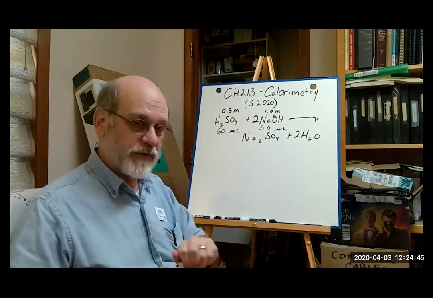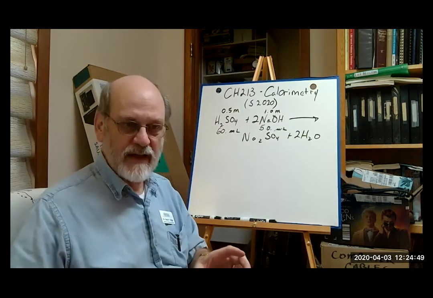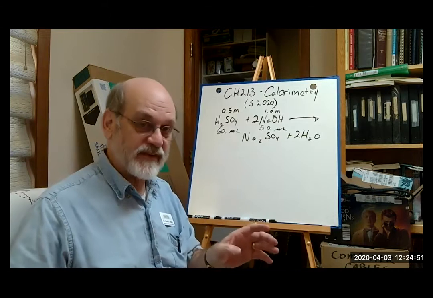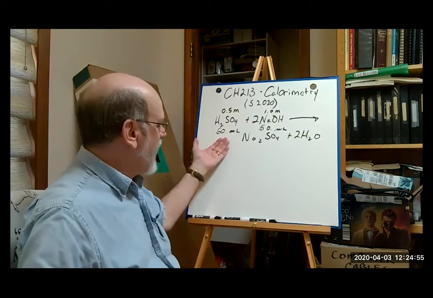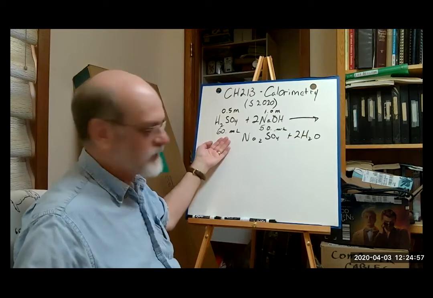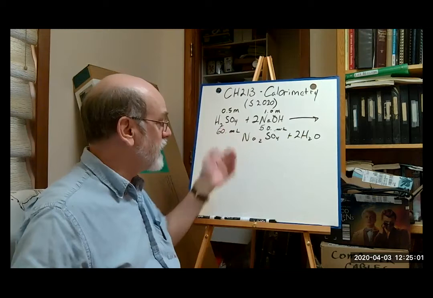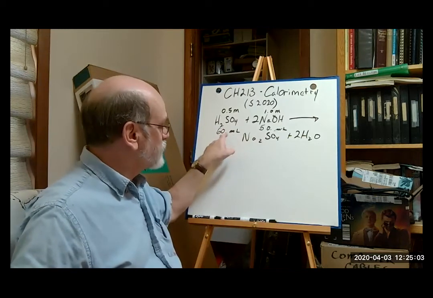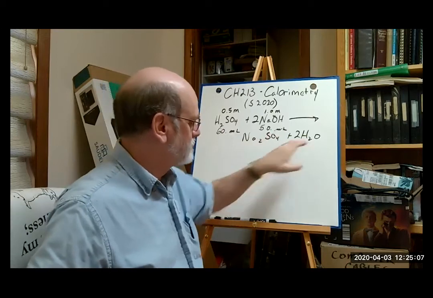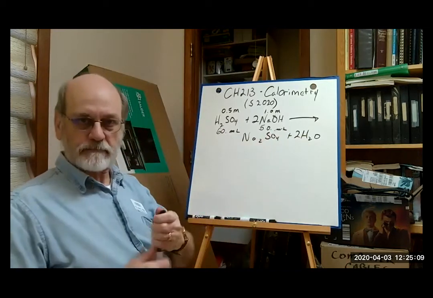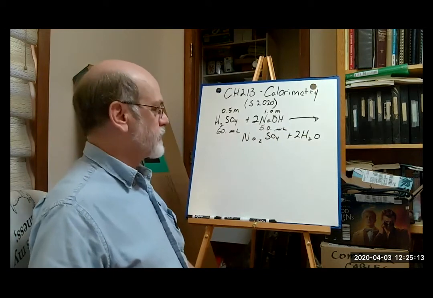So we want this reaction to go to completion, and the only way to guarantee that is to make sure that one of them is in excess at the beginning. So we choose acid in excess, 60 milliliters versus 50 milliliters. When you put those two together, there's enough of this one to completely react with that one and produce that much water.